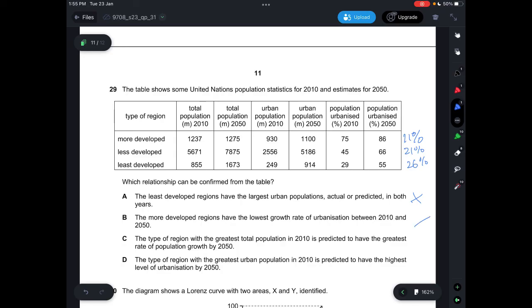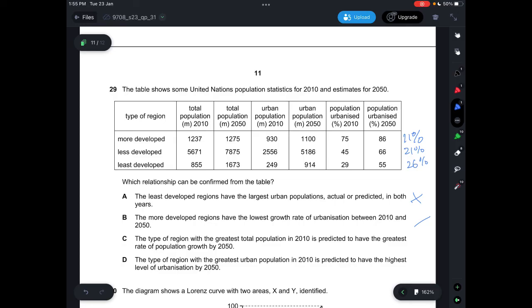C says the type of region with the greatest total population in 2010 is predicted to have the greatest rate of population growth by 2050. You can see that the more developed region has the least population growth, because it only increases by 38 million.